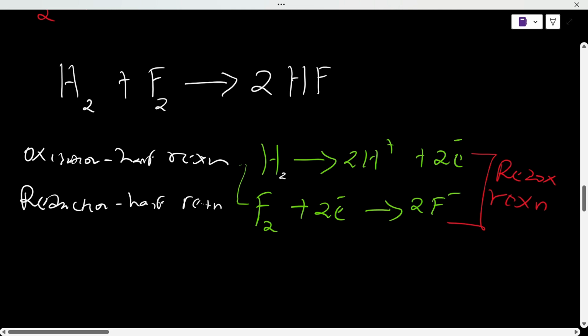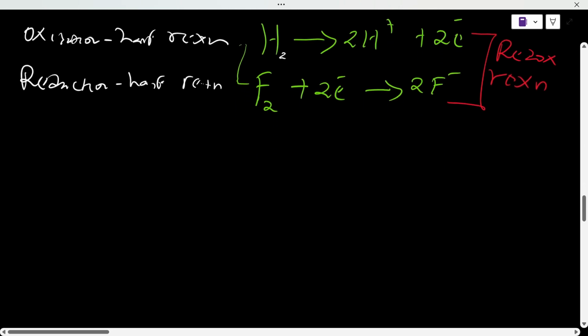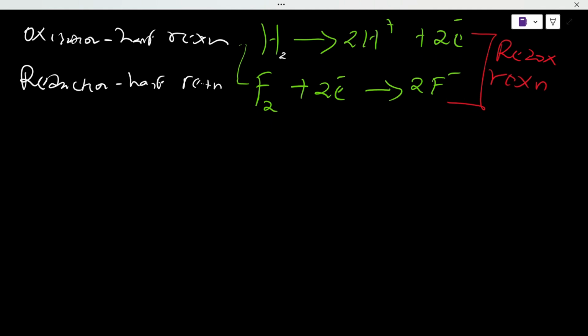So in the next example, I'm now going to join the 2. I want to join these 2 in a reaction where I was dealing with zinc and copper sulfate. I want to bring the 2 together.